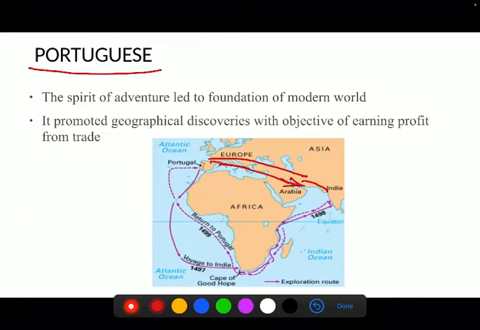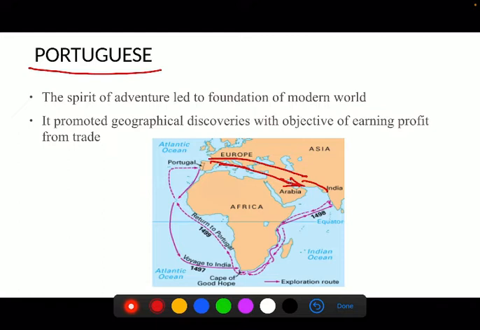But the problem was this route was controlled by the Arabs and the Venice and Genoa people. When the Portuguese or other West European countries wanted to trade with India, they were charged high taxes, because of which it was not possible to do profitable trade. So they wanted to search for an alternate route for trade.